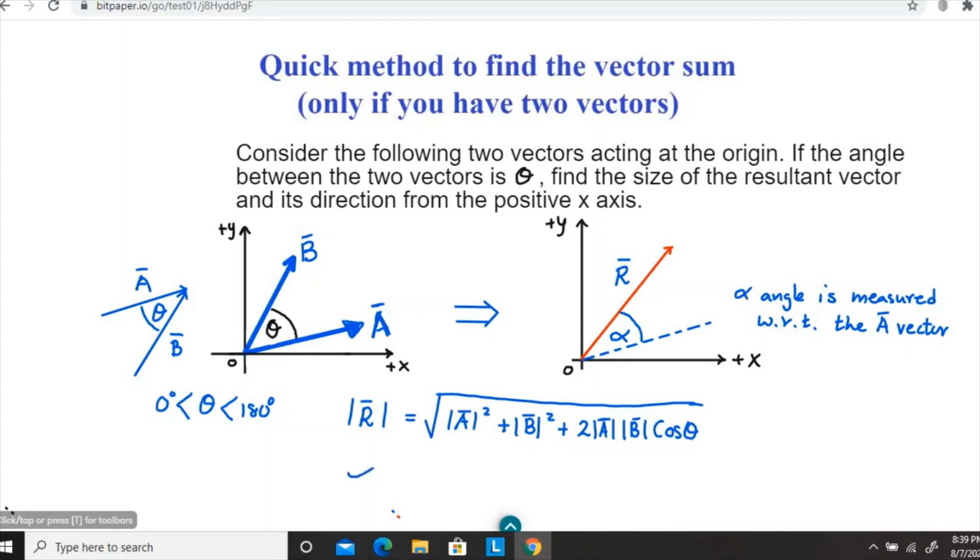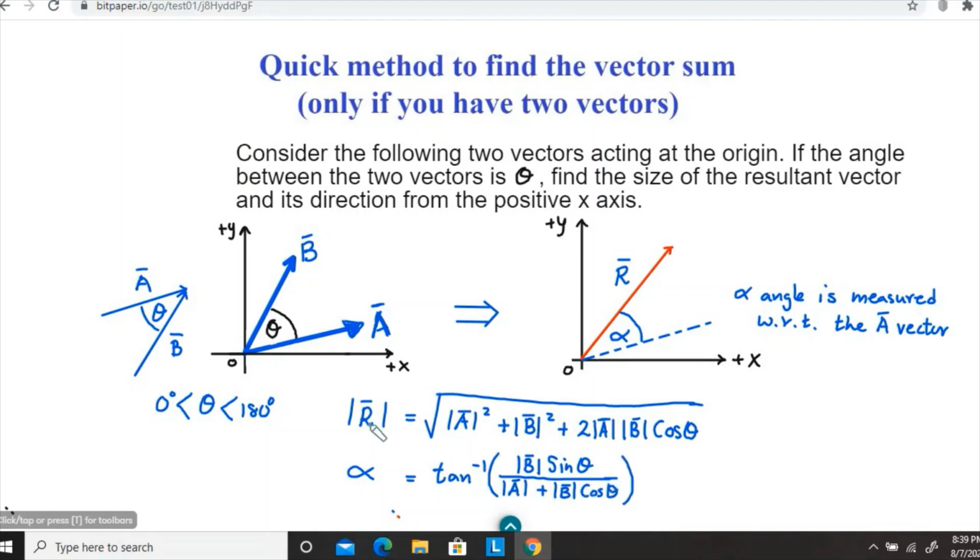Then the angle alpha that the resultant vector makes with the A vector is given as inverse tangent of the magnitude of the B vector times sine theta divided by the magnitude of the A vector plus the magnitude of the B vector times cosine theta.